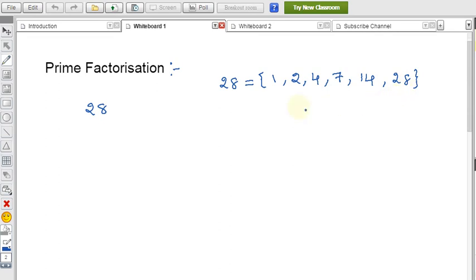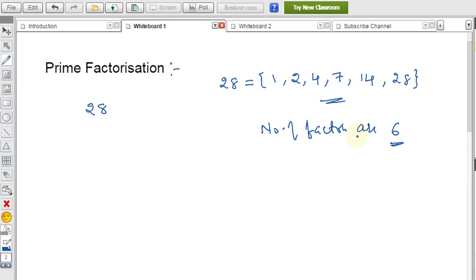These are the factors of 28: 1, 2, 4, 7, 14, 28. But we may miss some when writing the factors. The number of factors: 1, 2, 3, 4, 5, 6. So there are 6 factors in total for 28.